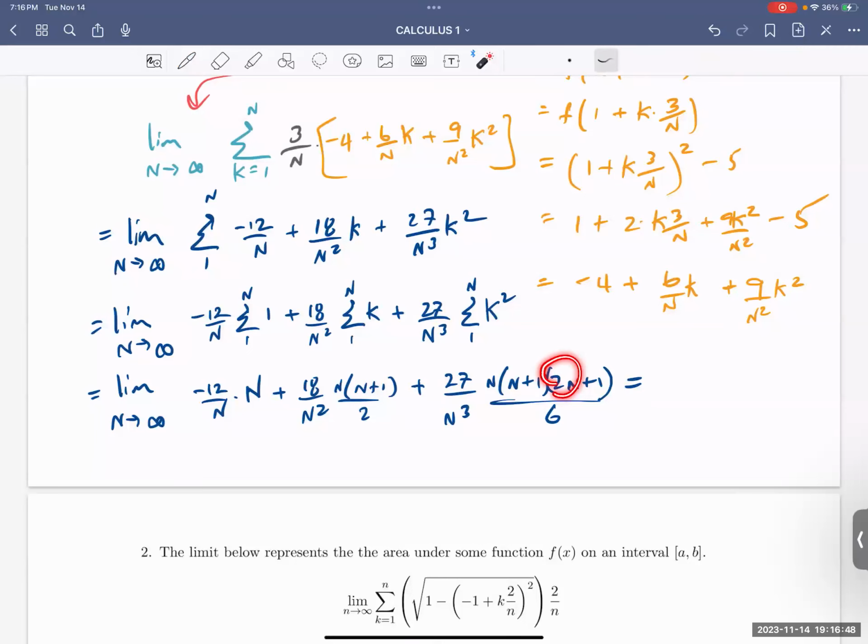The 2 divided by 6 is a third. 3 goes into 27 9 times. So we'd have negative 12 plus 18 divided by 2, that's 9, plus 9. And that gives us 18 and negative 12, that gives us positive 6. There's our area, and that's correct.